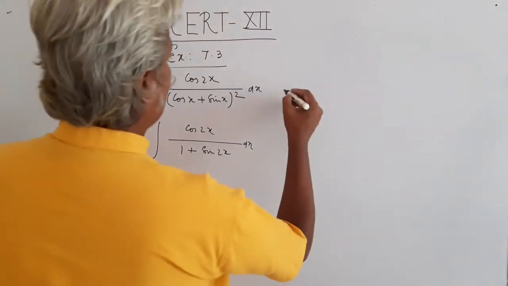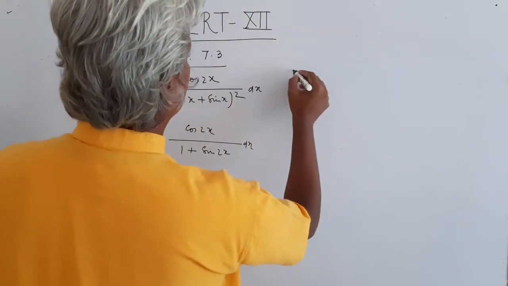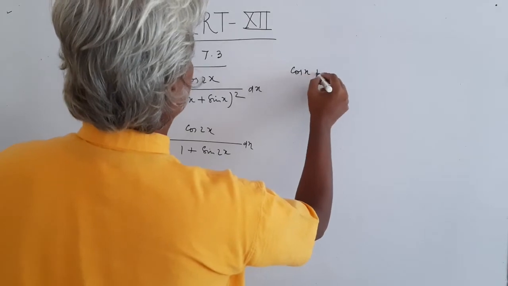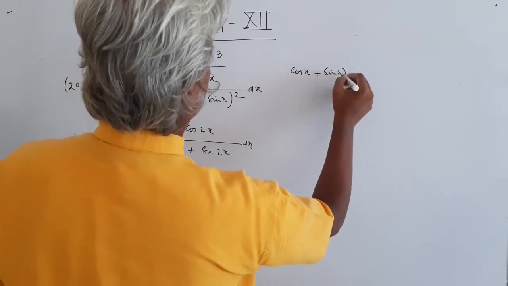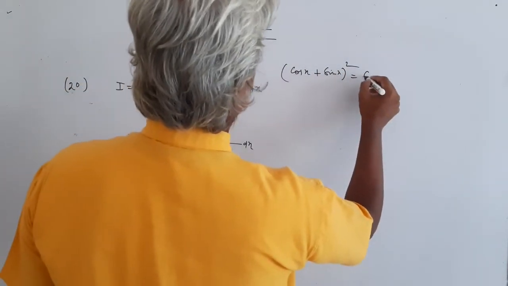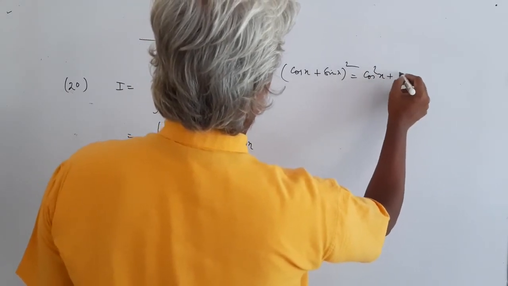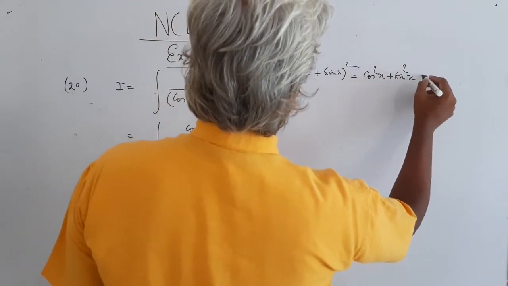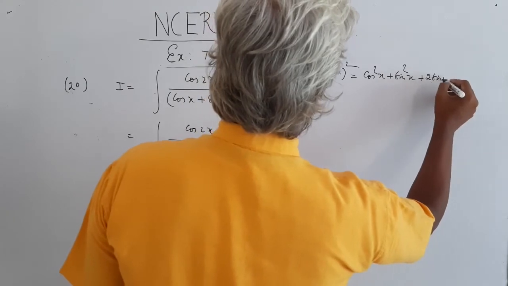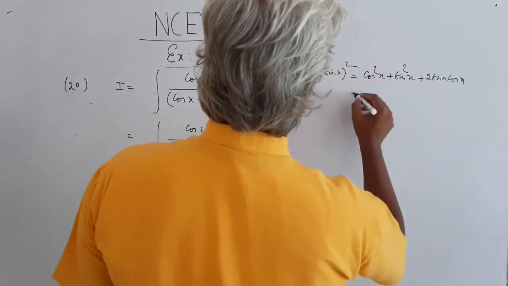So let me explain, because some people find it difficult: (cos x plus sin x) whole square is cos square x plus sin square x plus 2 sin x cos x.